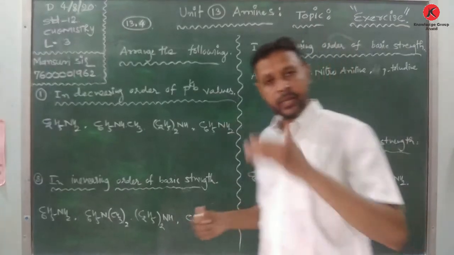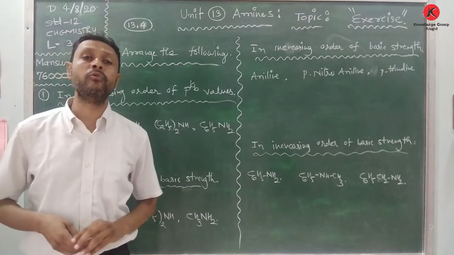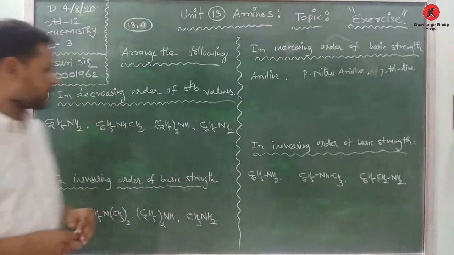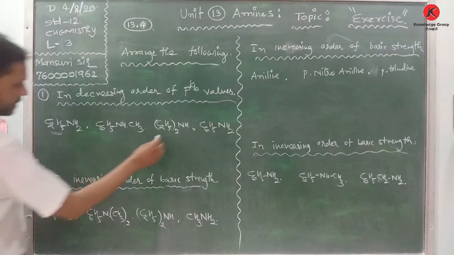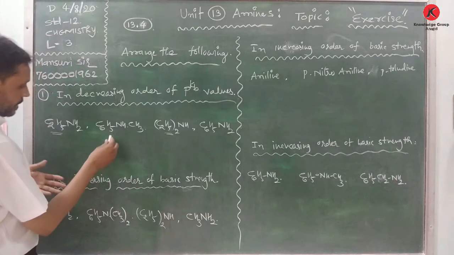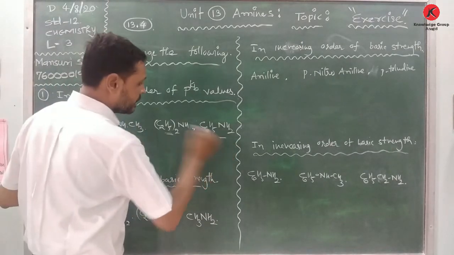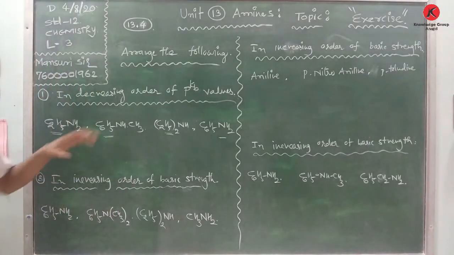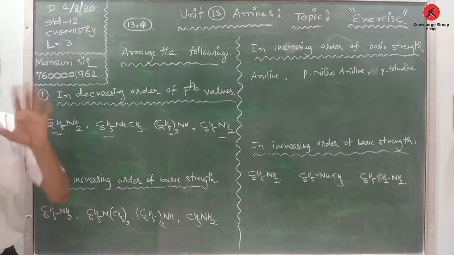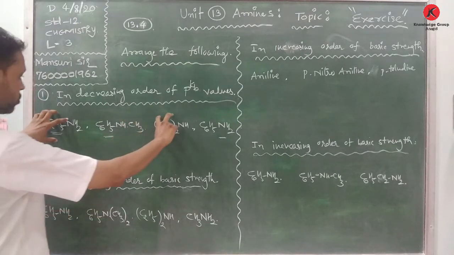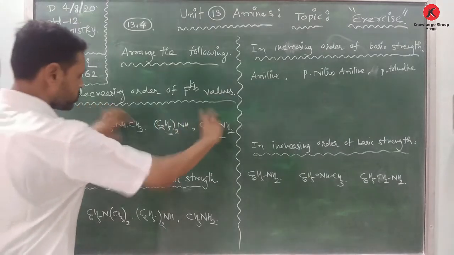So basic strength and pKb have an inversely proportional relation. Here ethylamine, diethylamine, N-methylaniline and aniline are given. You know very well that aliphatic amines are more basic than aromatic amines. So these two are more basic in comparison to these two.